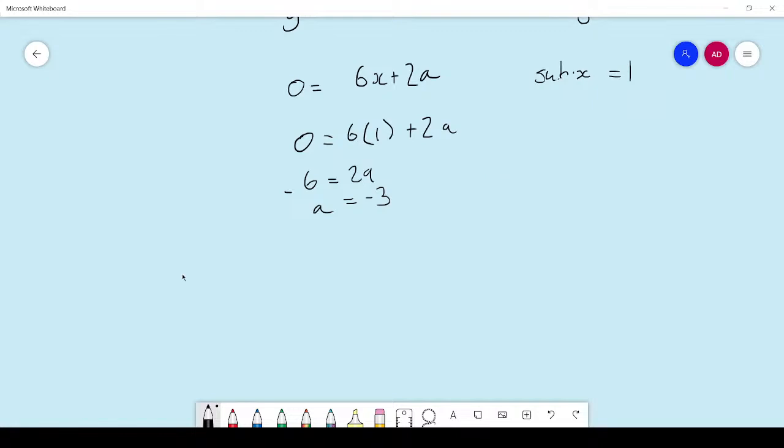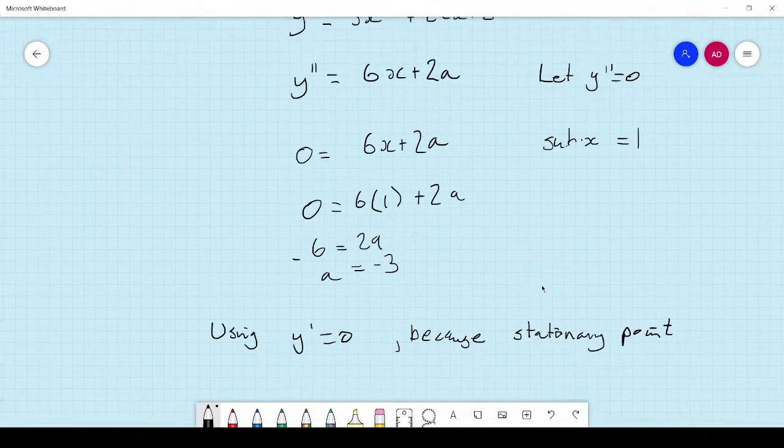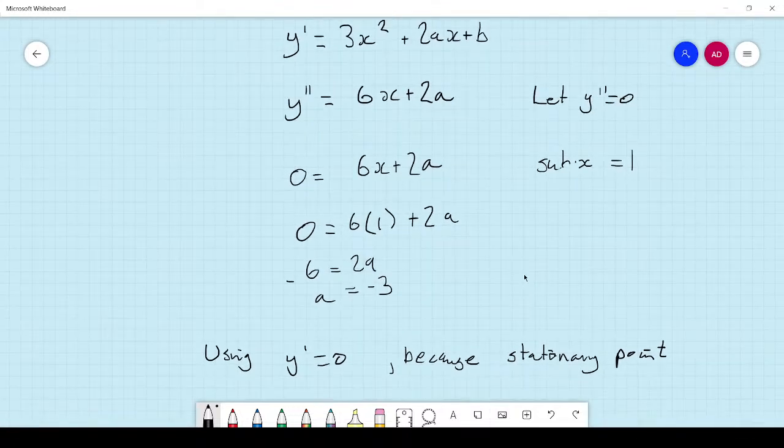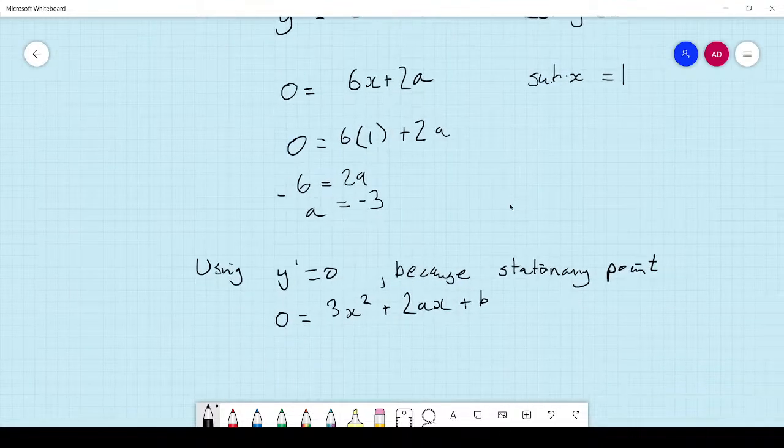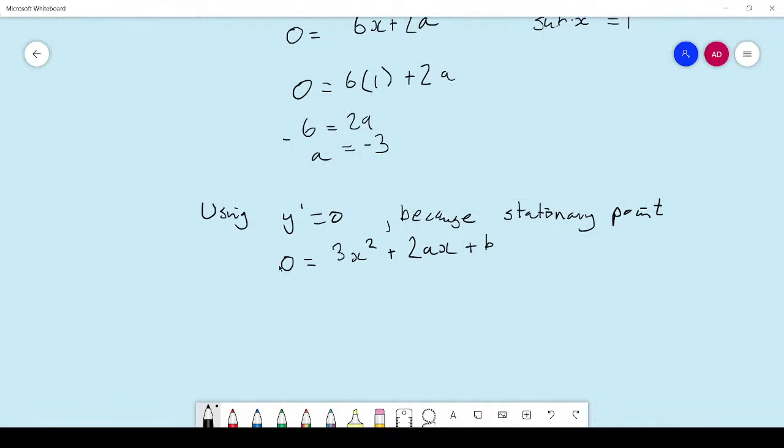Right, so using y dash equals 0, because the inflection point is also a stationary point, we can write 0 equals 3x squared plus 2ax plus b. Yep, copied that correctly. So we now have a stationary point set to 0.